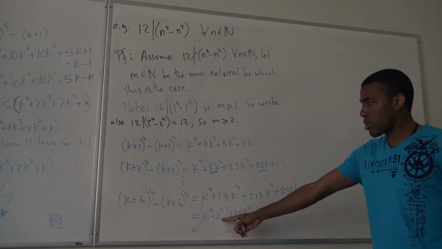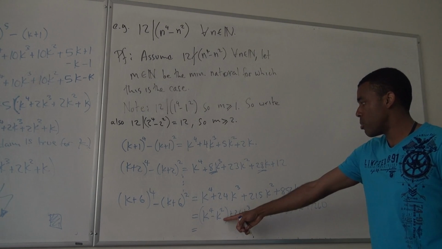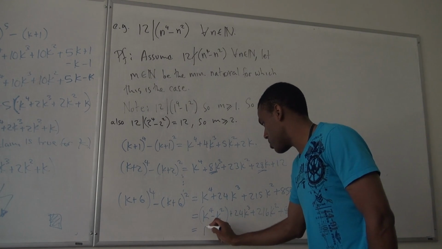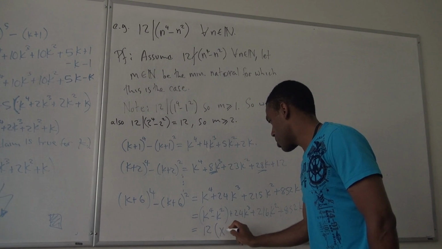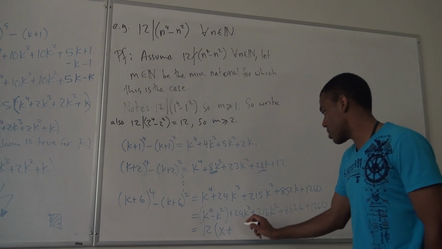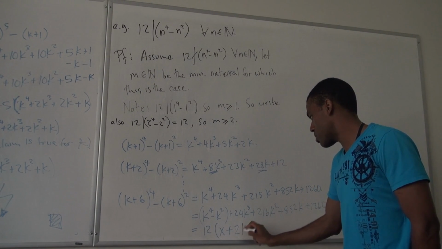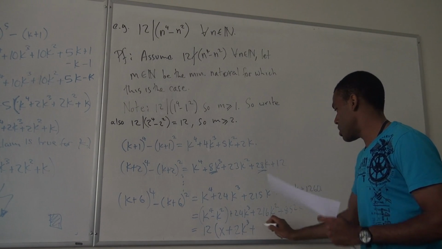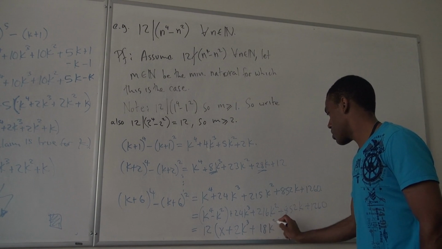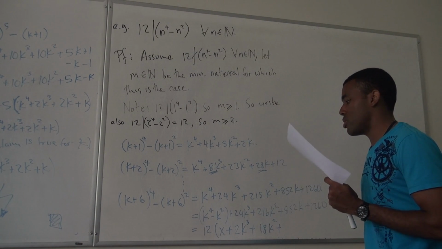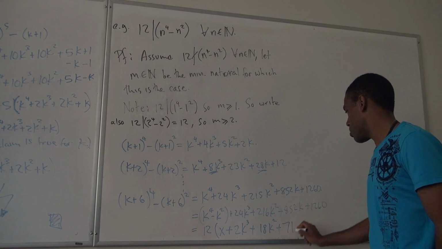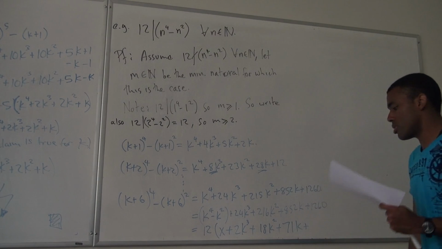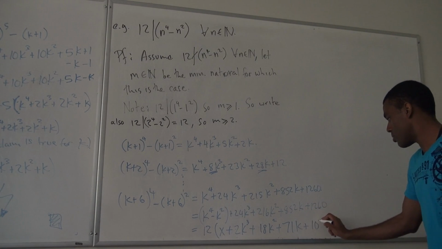Which, since I know it works for k, because k is less than m, this guy is actually 12 times x. So the whole thing was 12 times x plus 12 goes into this 2 times. Plus 12 goes into 216 18 times. It goes into 852 71 times. And it goes into 1260 105 times.